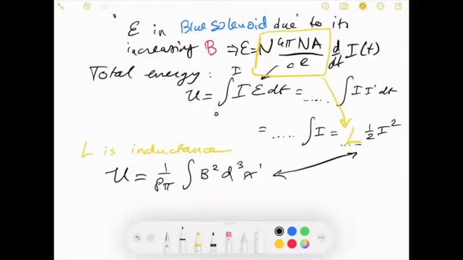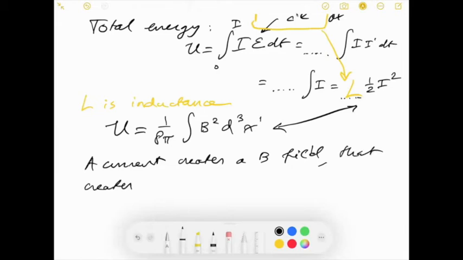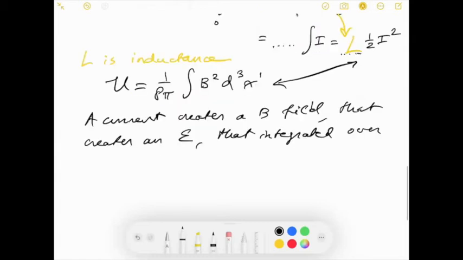Okay, so moral of the story, for any kind of system, we can always go from a current that creates a B field that creates an EMF, and that integrated over time gives you the energy stored in the inductor.